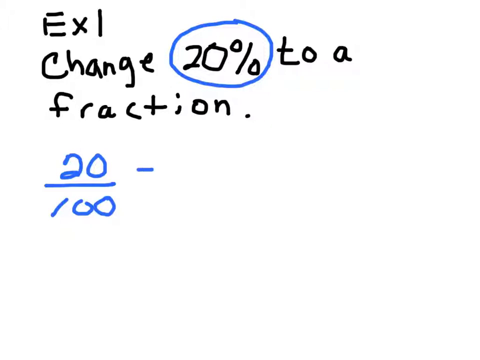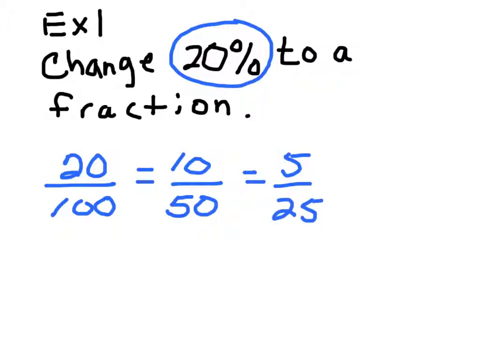Let's do that. If I take 20 divided by 2, that's 10. If I take 100 divided by 2, that's 50. Now, I'm not done because again, both these are even numbers. I can divide by 2 again. So 10 divided by 2 is 5, and 50 divided by 2 is 25. Now I can't divide these by 2, but I could divide them both by 5.